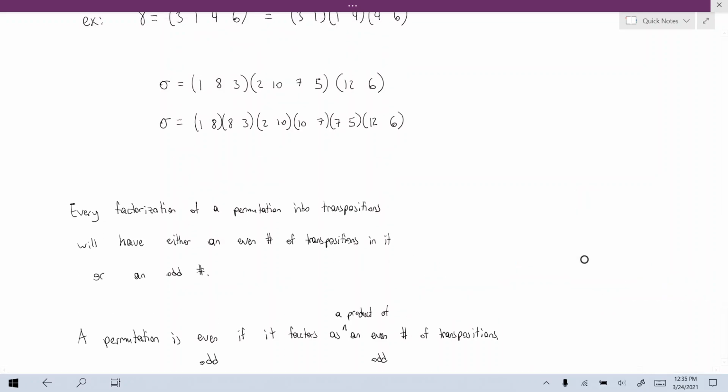So then, for example up here, this permutation factored into a product of 6 transpositions. So sigma would be an even permutation.